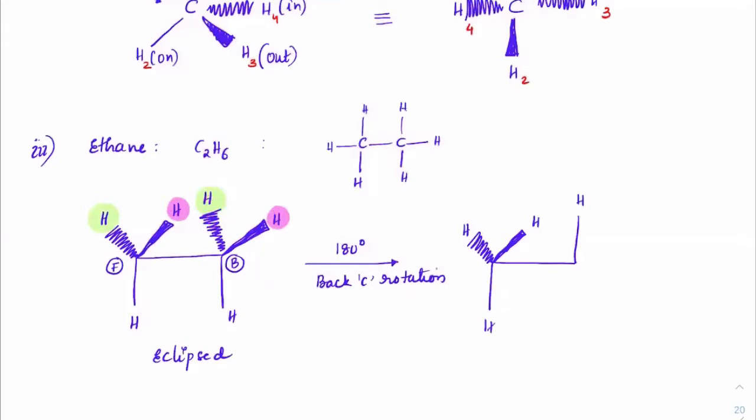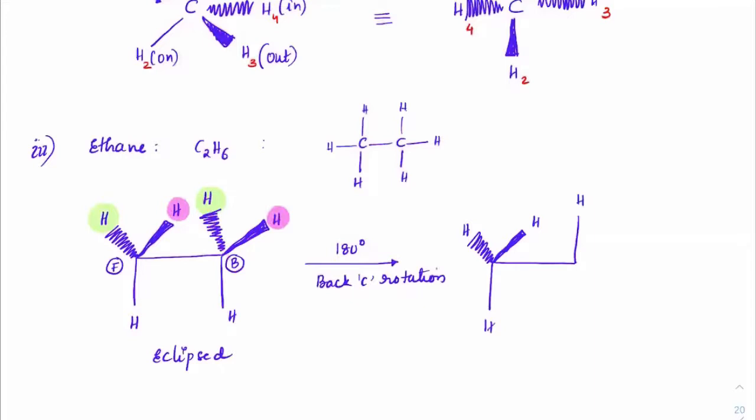I think you should be able to imagine that the hydrogen which was coming outside, if it makes a 180 turn, should go inside now, and the one which was already inside, if I make a 180 turn, should come outside on this side.